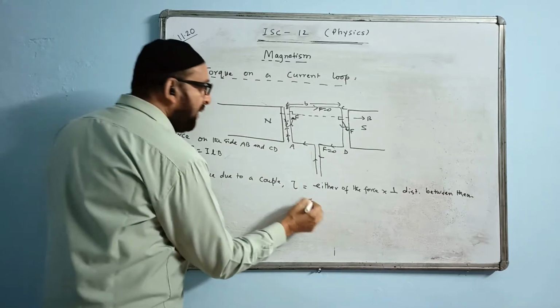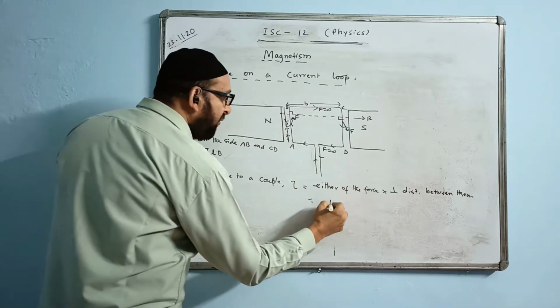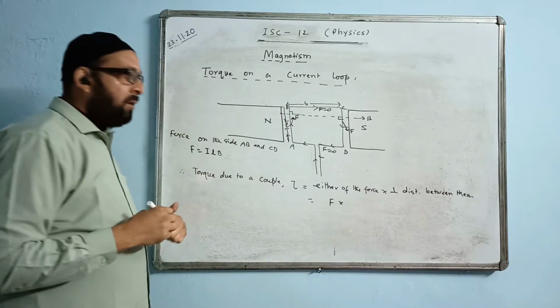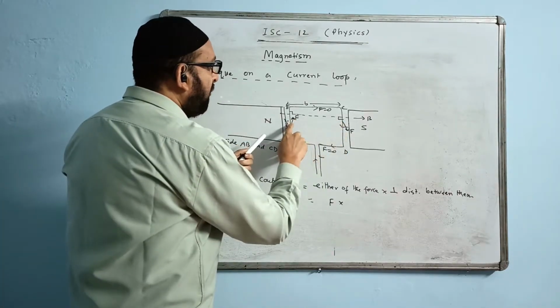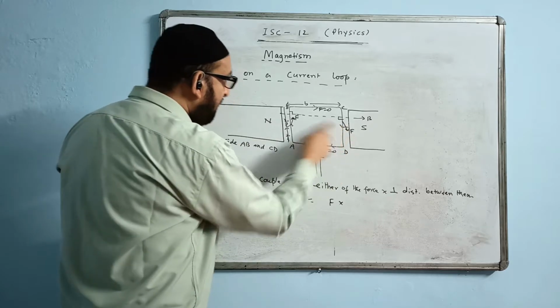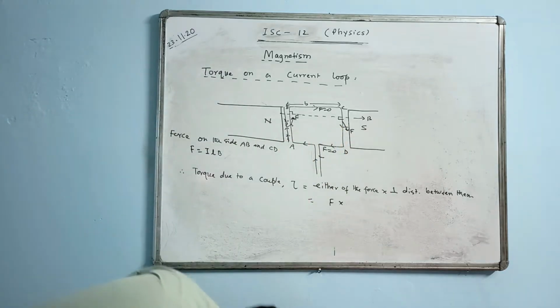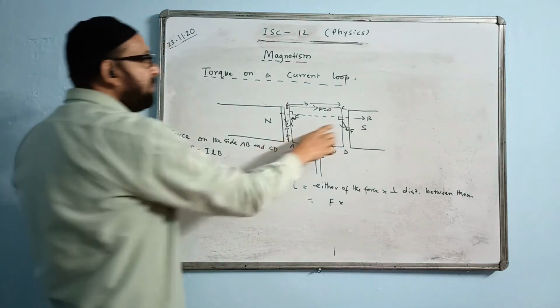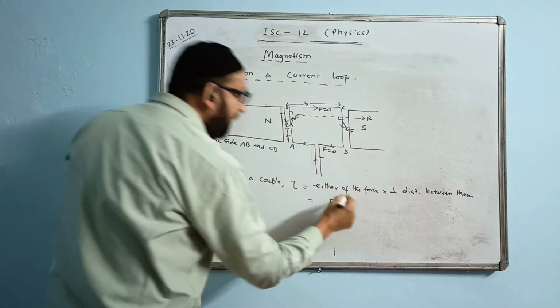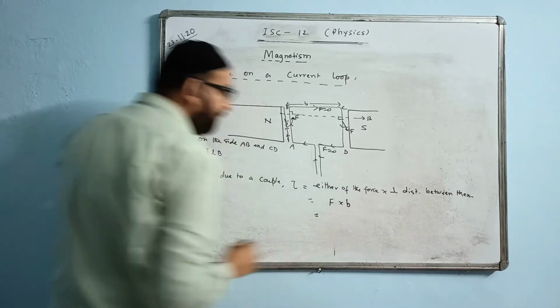So what is the value of the force? Either of the force is F into, what is the perpendicular distance between these two forces? This force is acting here and here. The perpendicular distance between them is equal to b. So here we will be writing b, F into b.